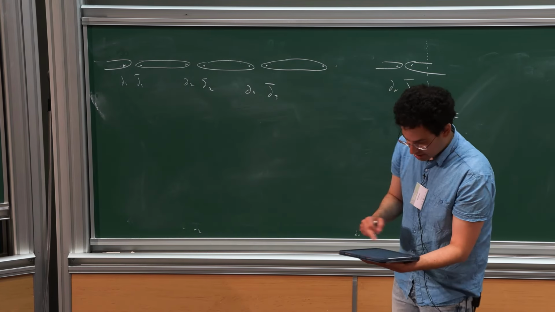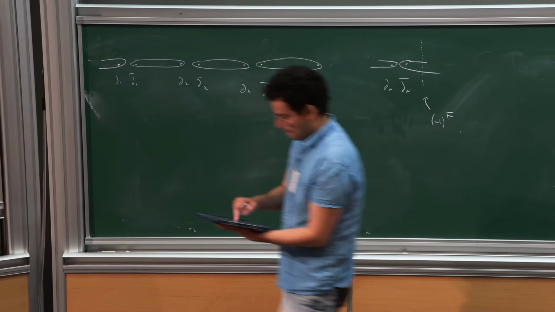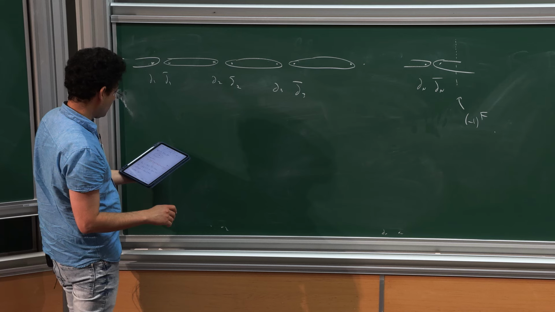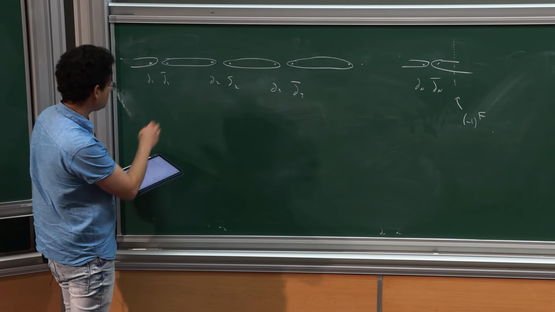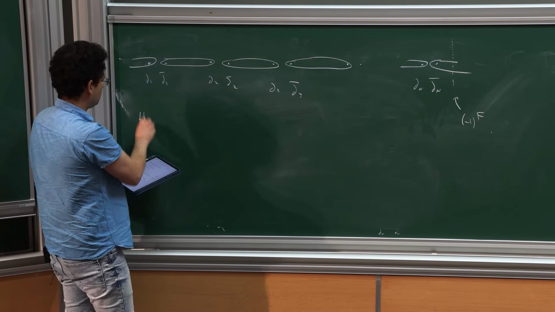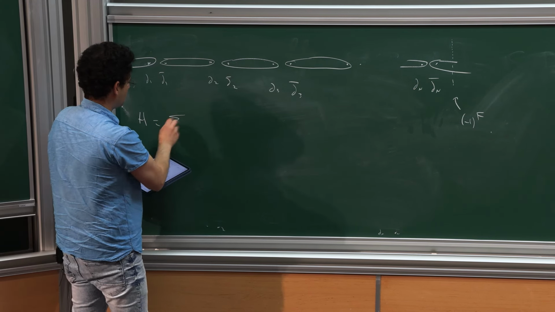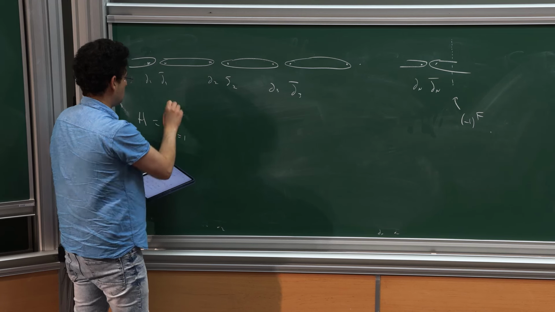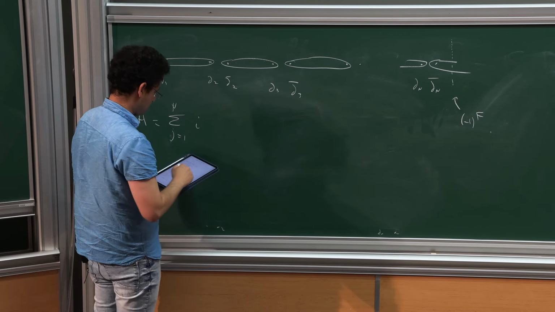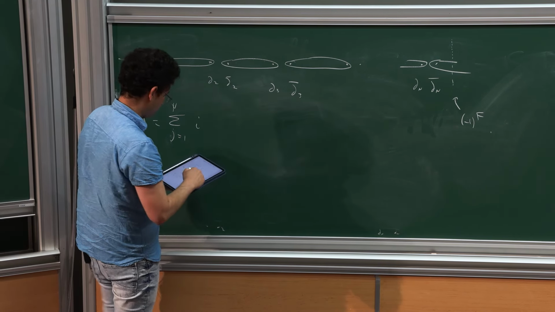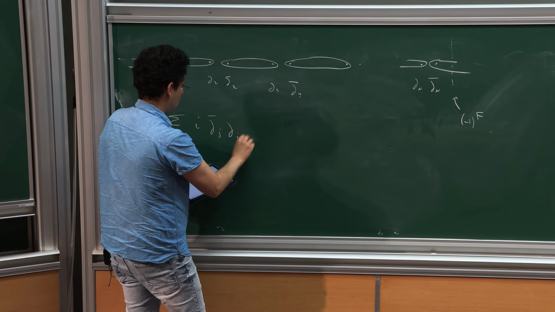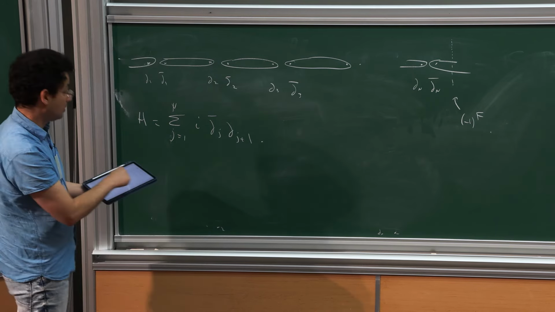Now, remember how the Hamiltonian looked, right? This Hamiltonian was the sum over j equals 1 to n of I gamma j bar gamma j plus 1.